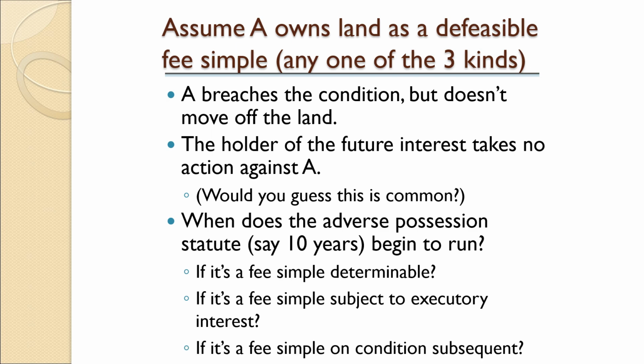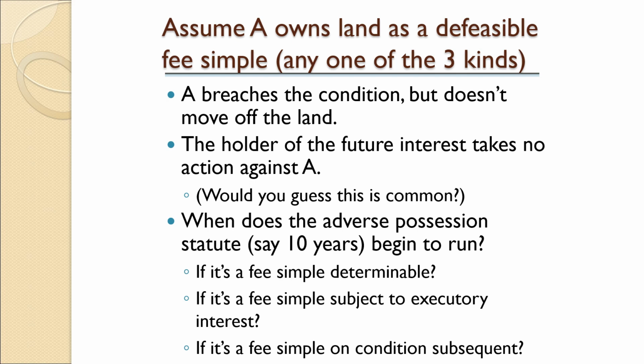The third possibility is that it's a fee simple on condition subsequent. And here the analysis is completely different, because here, with a fee simple on condition subsequent, the estate doesn't terminate merely because the condition's broken. It will only terminate if the person with the future interest, the right of entry or possibility of reverter, takes some action.